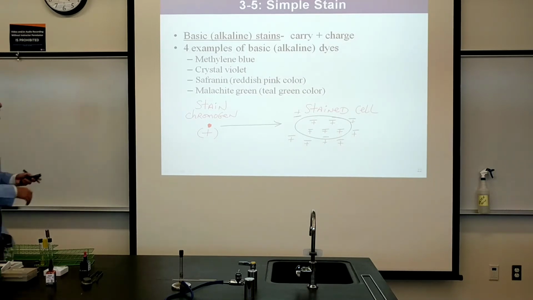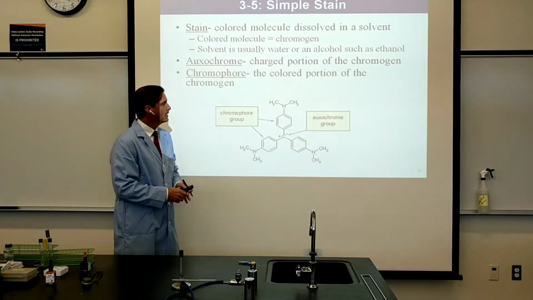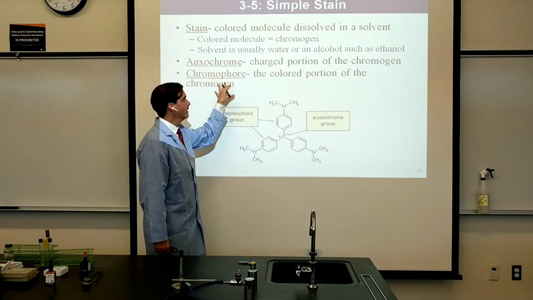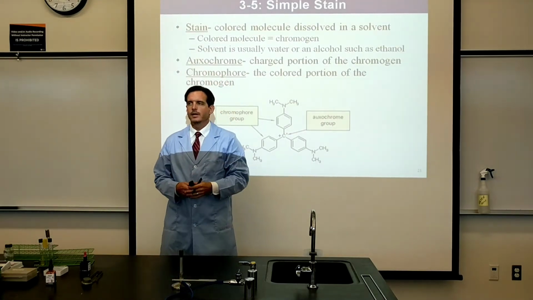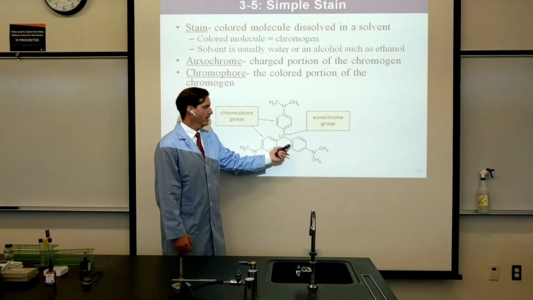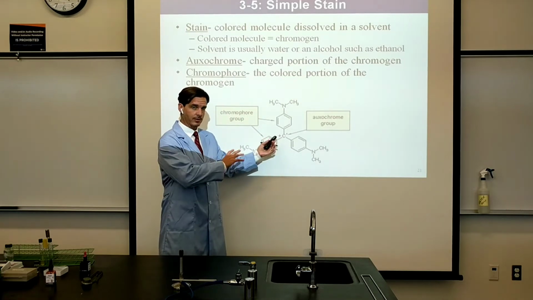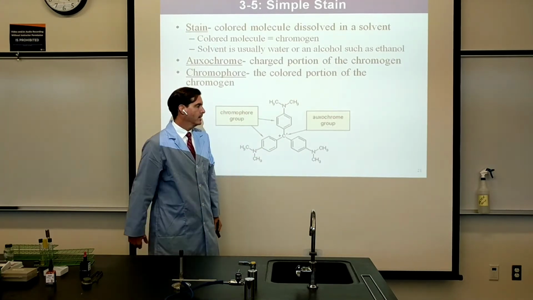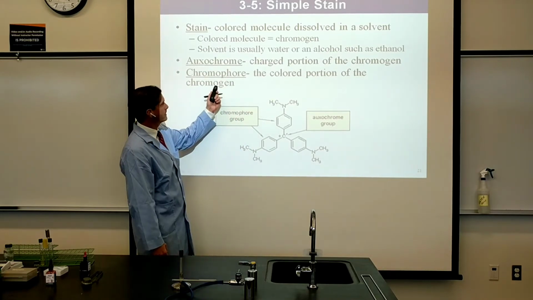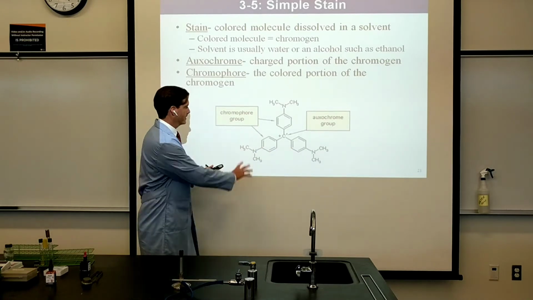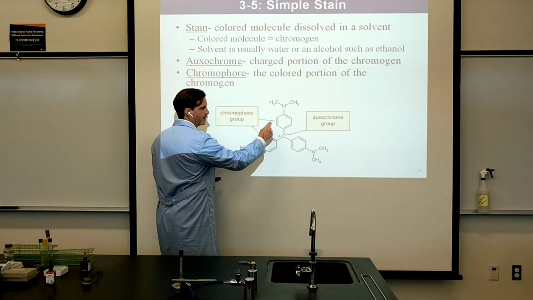And if we go back one slide, we can see that there's also a technical term here that you guys should know called the chromophore. Now, chromophore is referring to the part of the colored molecule, the chromogen, that gives rise to the actual color. And so chromophore groups, as they're labeled here, are these six-membered rings.